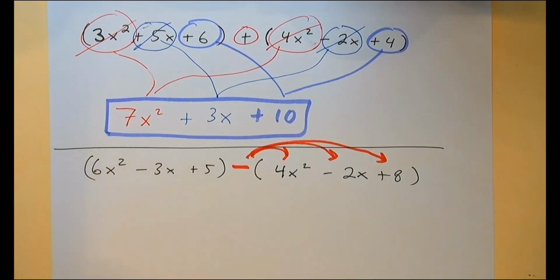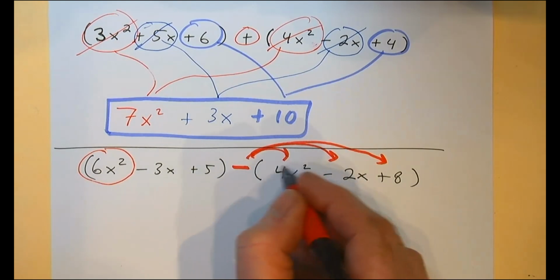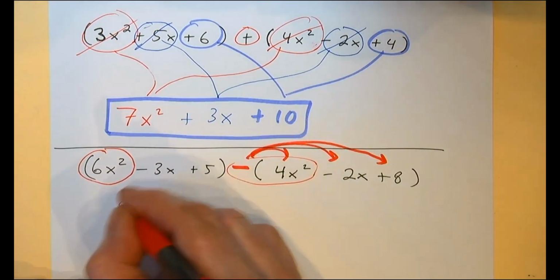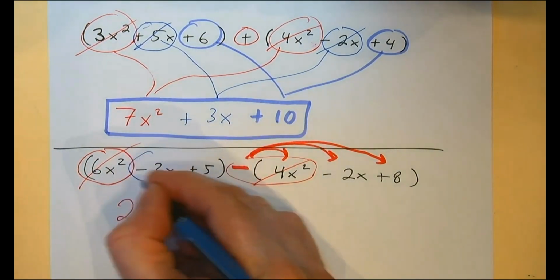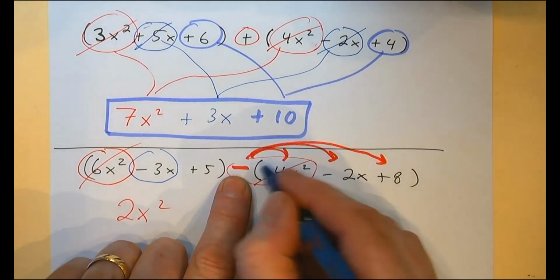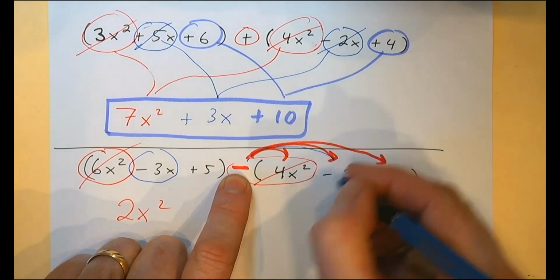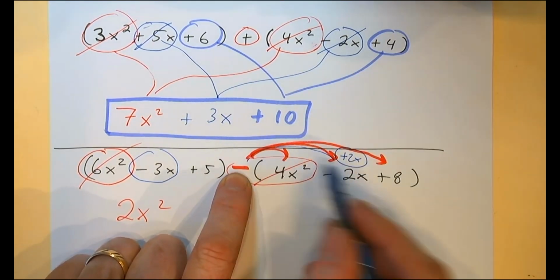We'll start with the first piece, 6x squared minus 4x squared. 6 minus 4 is 2x squared. They're gone. Now go to the next one. Negative 3x minus, wait, minus a minus is really plus 2x, isn't it? Take away a negative.